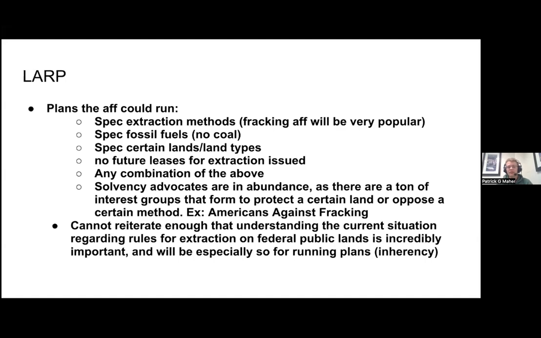Generally, something that's super important for this topic and for LARP debates is that you have to understand the current political situation regarding these federal public lands, because otherwise you're going to end up making a mistake where you have no inherency, because what you're suggesting has already been done.